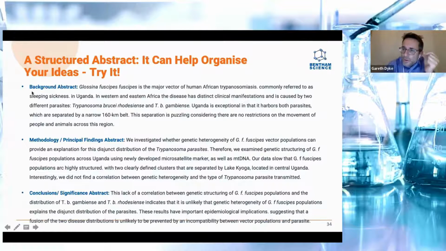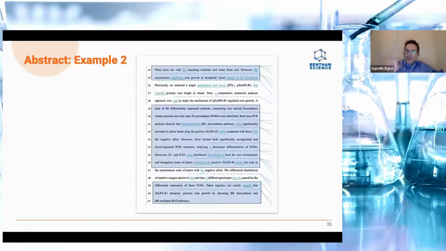And that's what you should be writing, especially as a young researcher, perhaps a non-native speaker, in order to get your ideas, in order to get the information into your writing in sequence. The background, the methodology, and the conclusions and significance are how you get your abstract ready to go and put together.